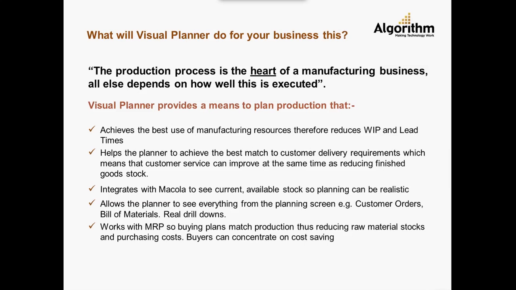Now, with Visual Planner, what we try to do is give you a solution that is going to help the planner achieve the best match for delivery requirements. It means that customer service can improve. It means they're going to reduce finished good stock. You're going to potentially reduce work in progress and lead times.